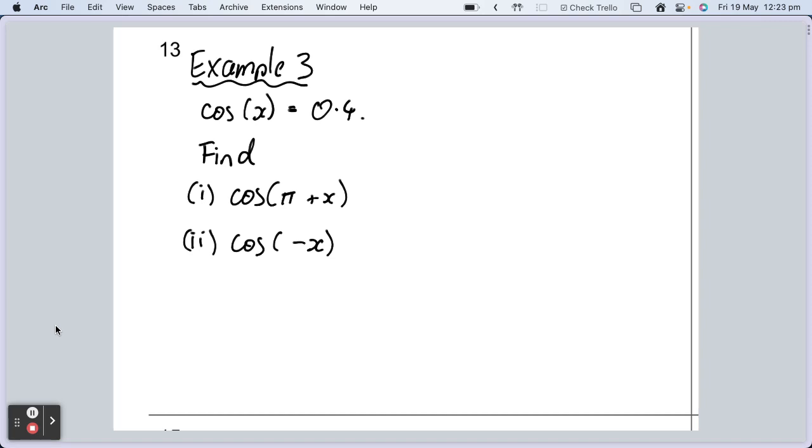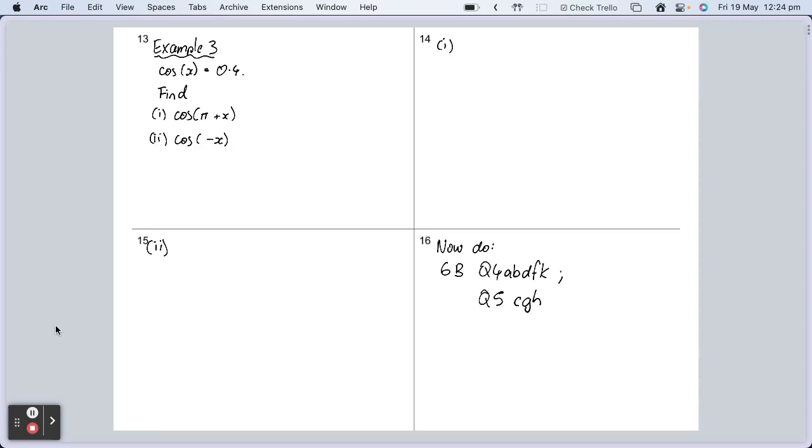So we're given the trig result, and now we're asked to find cos of pi plus x for part 1 and part 2, the cos of negative x. So the process is literally almost identical, really. It's just that we need to recognize what's happening in the drawings. So the cosine of pi plus x as a drawing is going to look like this.